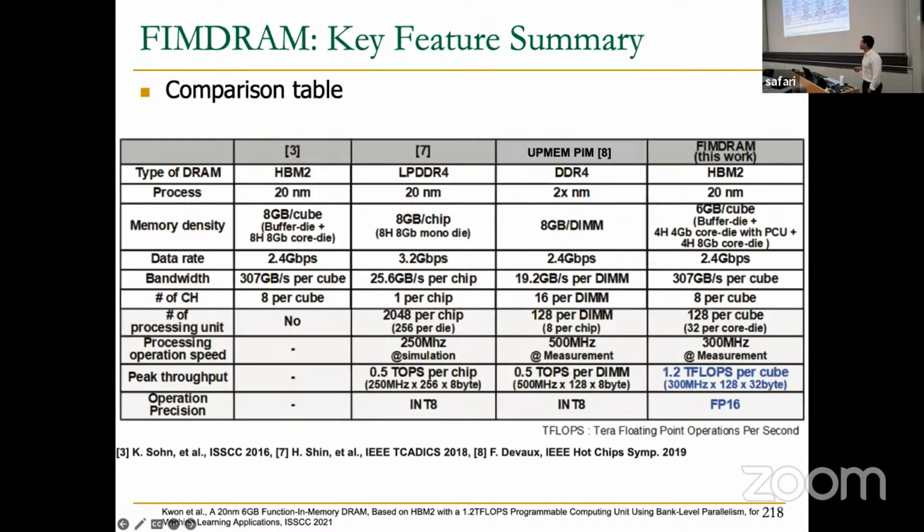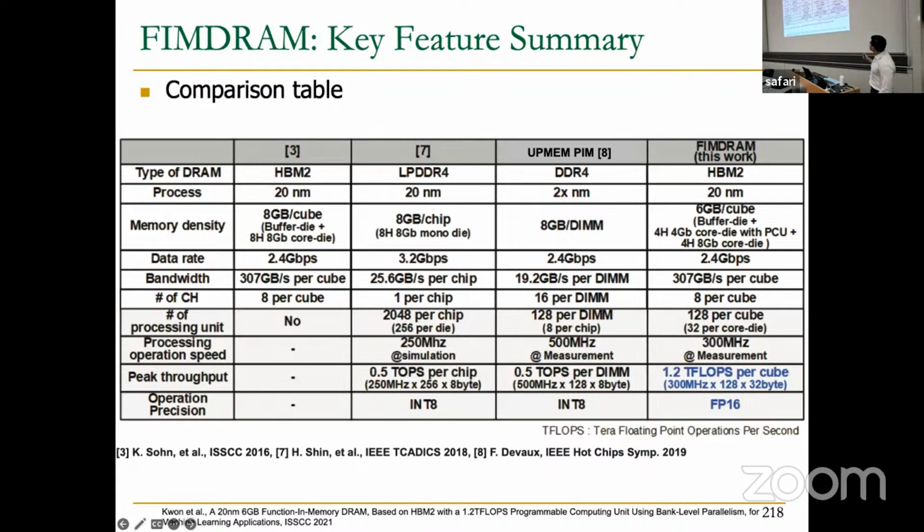So this is a comparison table that they have in their original paper, where they compare their architecture at the time, FIMDRAM, with the UPMEM PIM chip. Some interesting things to look into in this table is that they are using different types of DRAM. UPMEM uses DDR4, FIMDRAM uses HBM2. Okay, this is some manufacturing process that is not so interesting.